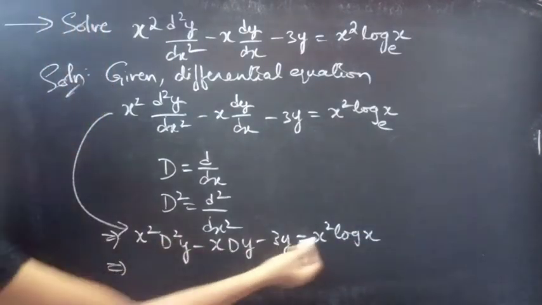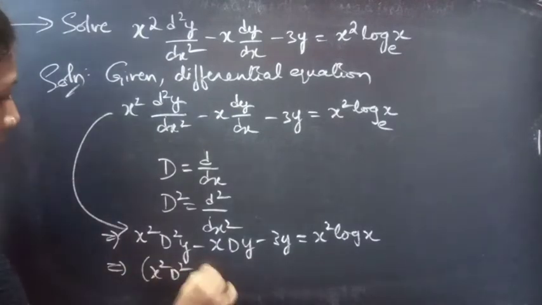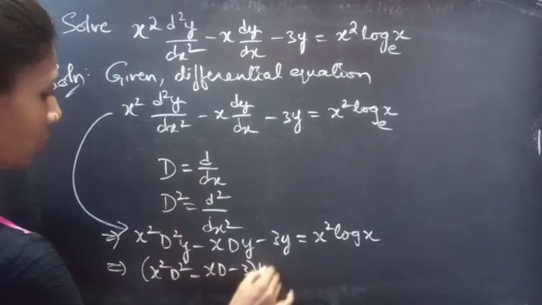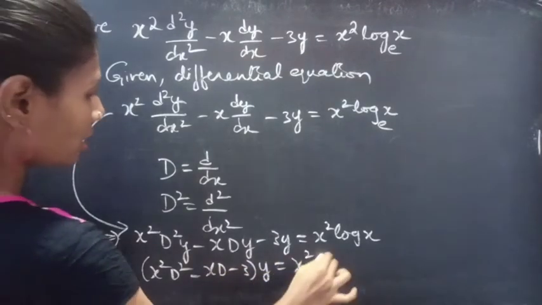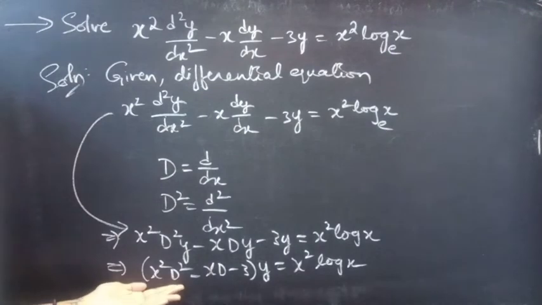Now take y common from all the three terms of LHS. We'll get x square D square minus xD minus 3 into y equals to x square log x, which is Cauchy's equation.